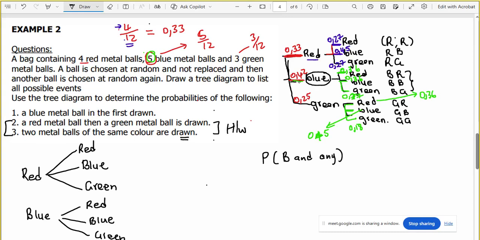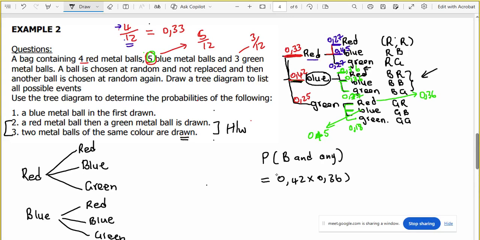Now remember, all of them start with blue. So we're going to multiply all that side with 0.4. All these probabilities that you see there on this branch, you need to multiply them by 0.42, then add them. So the answer will be 0.42 multiplied by the first probability of getting blue and red, that was 0.36.